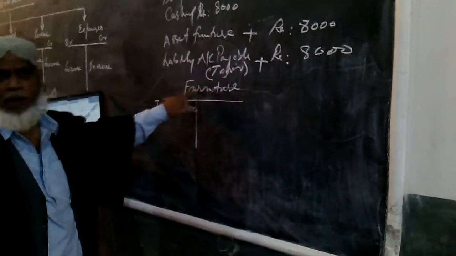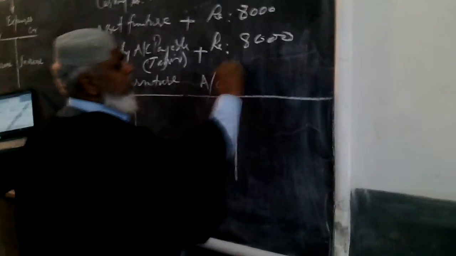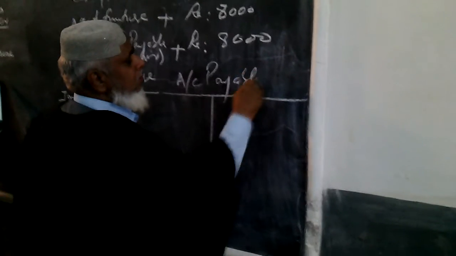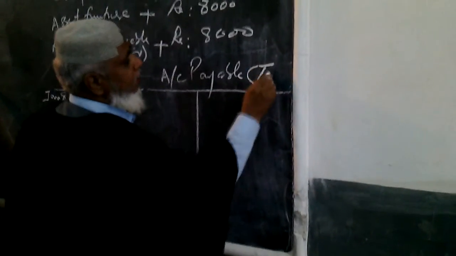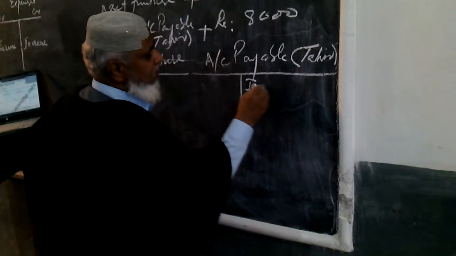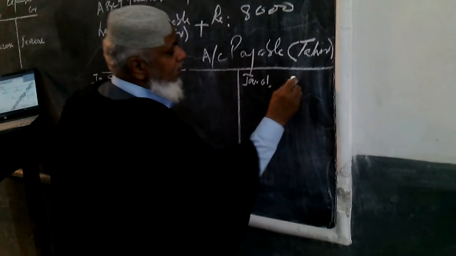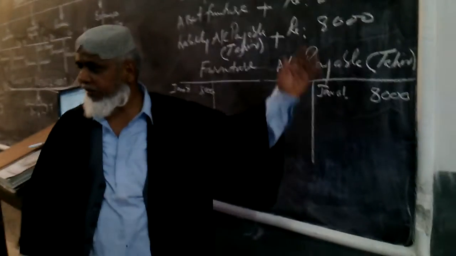The second effect is liability: account payable, Tahir, January 8, increase on the credit side, 8,000. An increase in a liability account is recorded on the credit side.